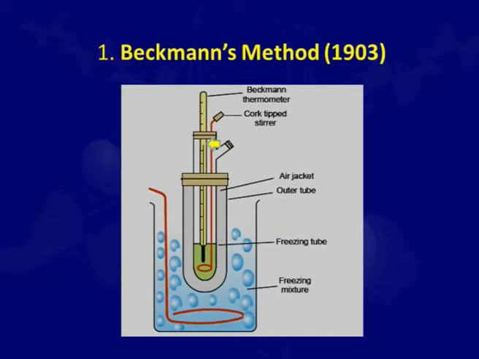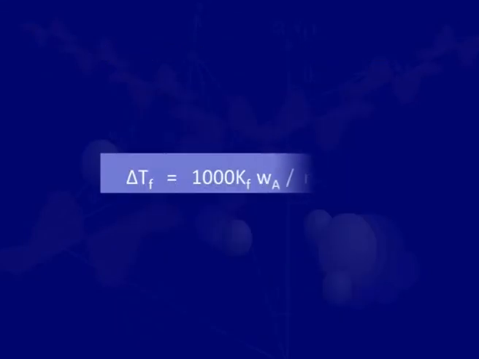By the difference of the freezing point of pure solvent and that of solution, we will get the depression in freezing point. By using the expression delta T_f equal to 1000 into Kf W_A upon M_A into W_B, we can get the value of M_A by putting all the values of delta T_f, W_A, W_B and Kf.